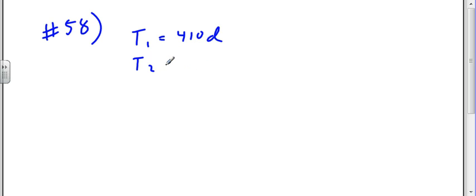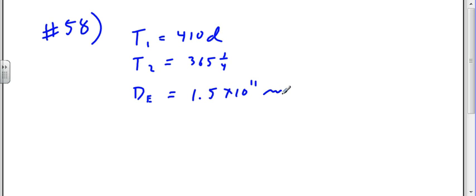Okay, so the period of the Earth is 365.25, and the distance of the Earth, let me look it up, is 1.5 times 10 to the 11th meters.